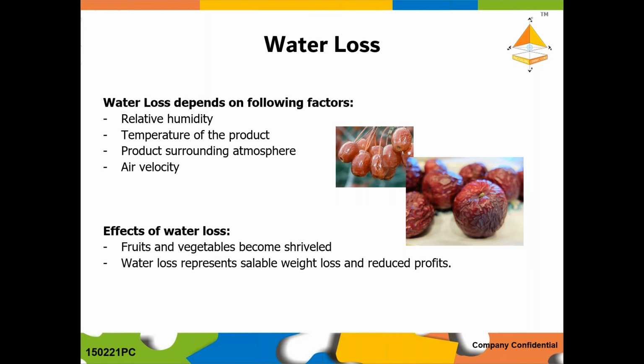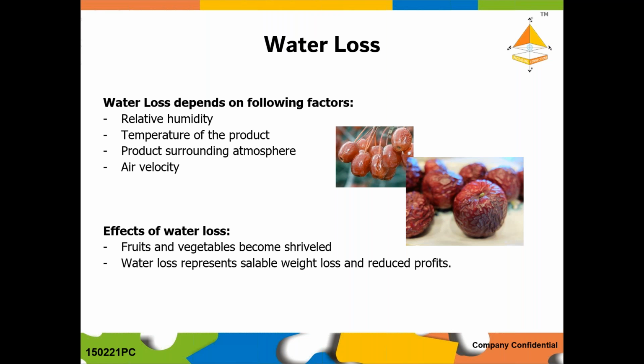Water loss. Water loss depends on the RH, relative humidity, temperature of the product, product surrounding atmosphere, and air velocity. You see, if the air is strong, windy, it may have a different impact. Effects of water loss: fruits and vegetables become shriveled, which you can see.